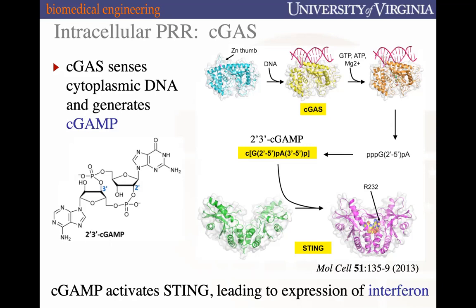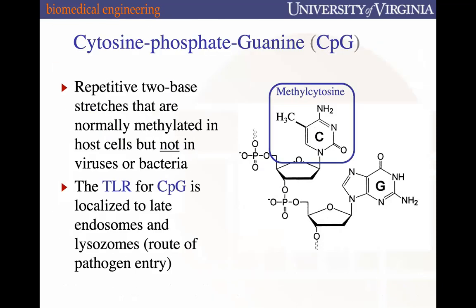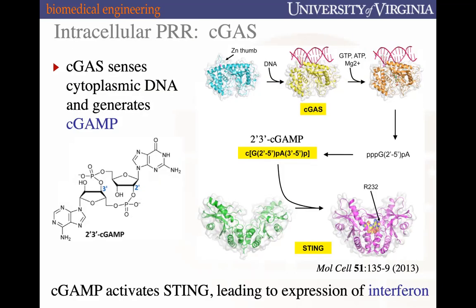And so cGAS senses cytoplasmic DNA, and it generates what's called cyclic GAMP. It's actually taking GMP and AMP and cyclizing them together to make cyclic GAMP. What ends up happening, that's really important here, is cyclic GAMP activates a protein complex called STING.